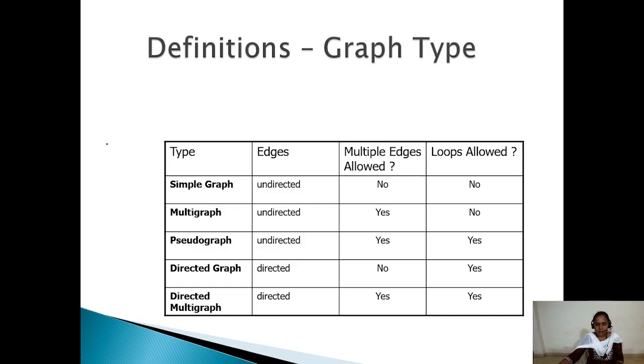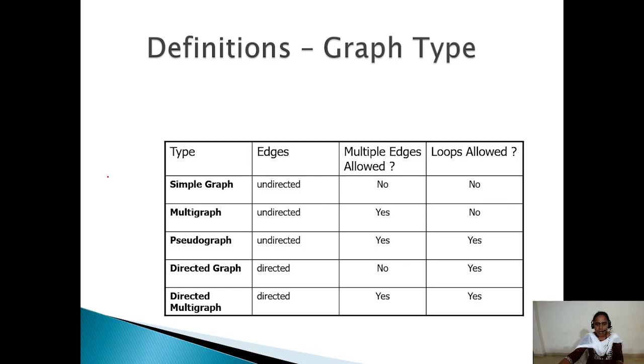See, this is the tick table of graph types. First example, simple graph. Simple graph: edges undirected, multiple edges not allowed, loops not allowed. This table is easy to understand.